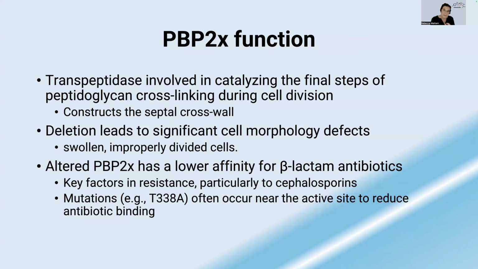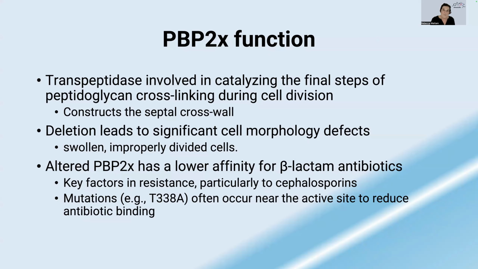Now, you can alter the PBP2X and have it have lower affinity for beta-lactam antibiotics. You wouldn't want to do this from our perspective because that leads to resistance and sometimes devastating resistance. But if you're a bacterium, this is really important for you if you want to survive.